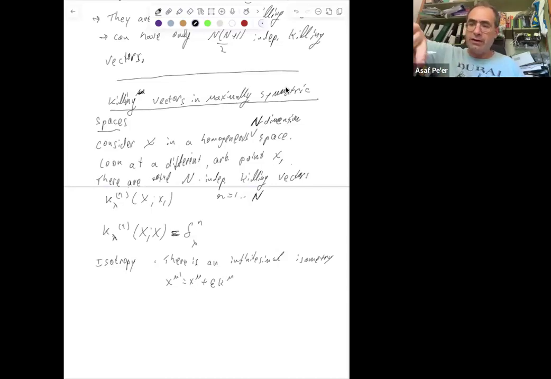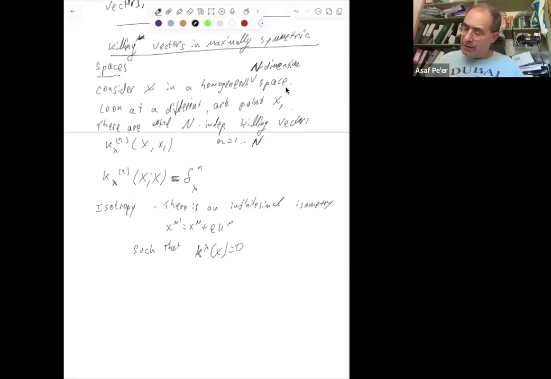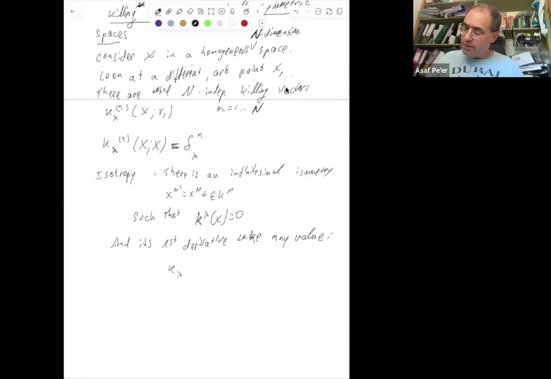If I rotate around the point, it is not changing, such that k lambda of x is equal to 0, and its first derivative, k lambda nu of x, can take any value. This is the first derivative.